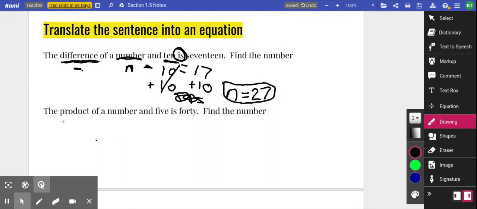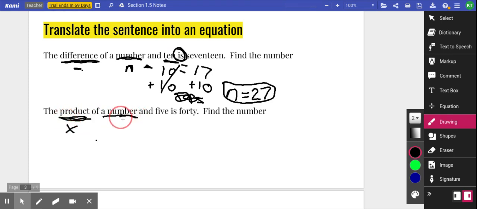All right, hopefully you tried it out, right? Product, we know that that refers to multiplication. This number, let's call it B. I don't know why B, it just stuck out. Let's just use B, just so we get used to using different variables so we know that it does not matter what we call that number.